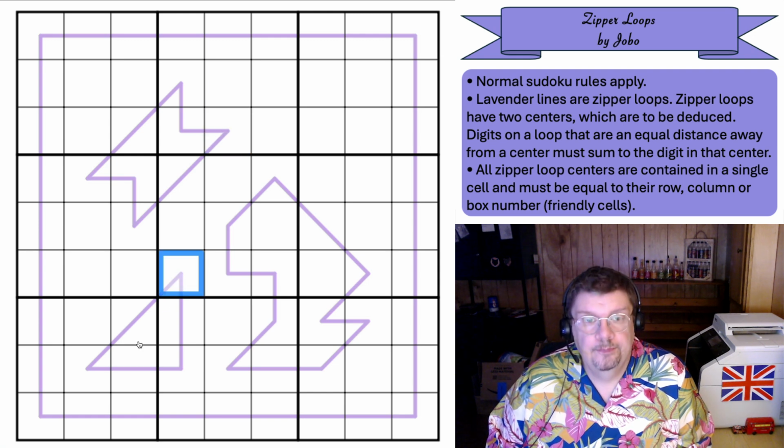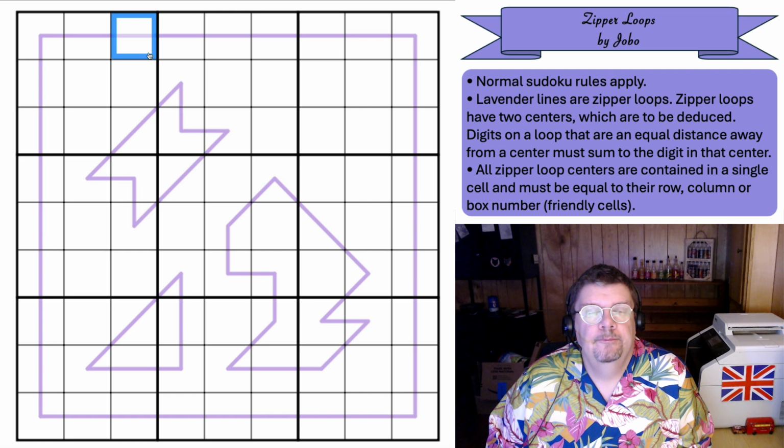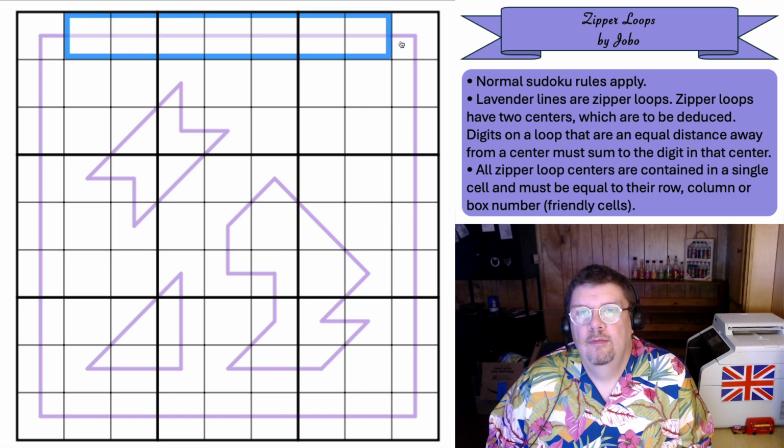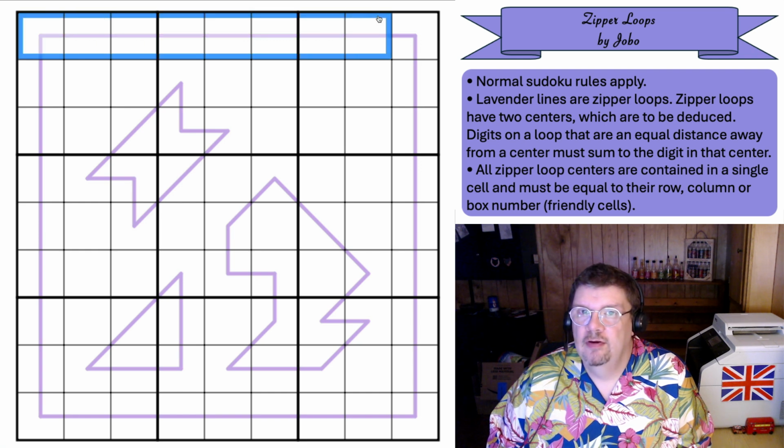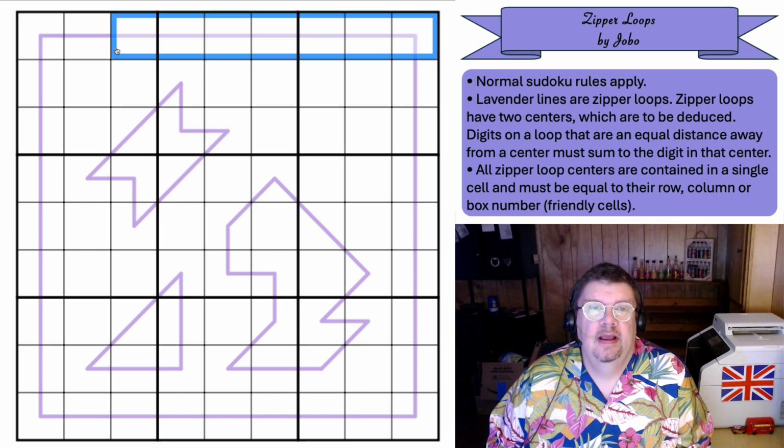On this one, we could have those two, or those two. Actually, this long one looks very interesting. I must have a 9 on it somewhere, because every row, column, and box has the digits 1 to 9. So I am going to have a 9 somewhere along here.